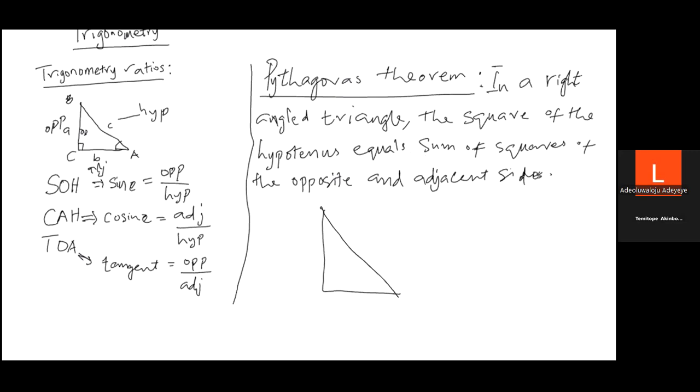So I want to give the summary the way you have stated it. The square of the hypotenuse, which is c squared, equals the sum of the squares of the opposite and adjacent. So this is the summary of it. Copy and complete that. Yes, sir, I'm copying it.